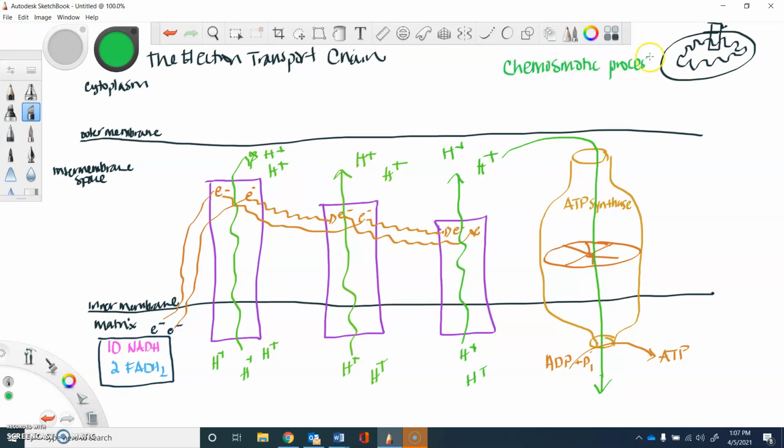I don't know if that's the right way to say it, but anyway, that process couples the movement of a substance, and in this case it's hydrogen, across a membrane to create or cause chemical reactions.